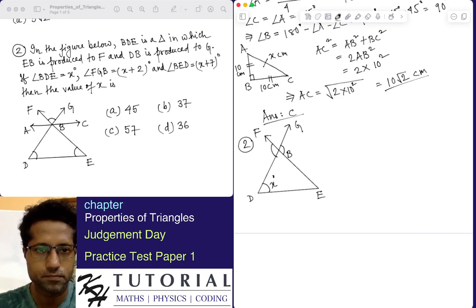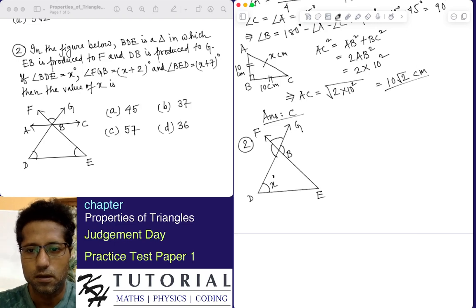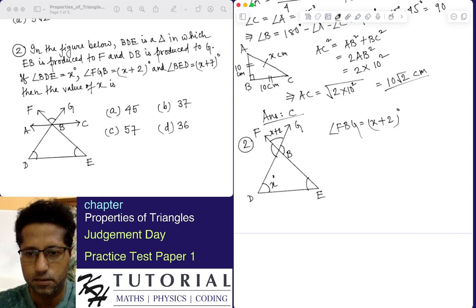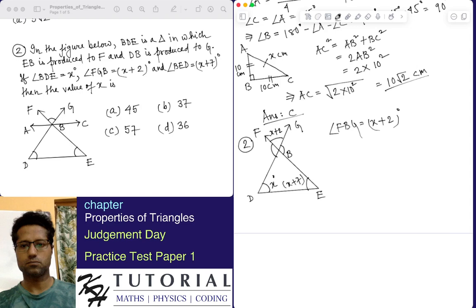This angle is x plus 2. So we have angle FBG is x plus 2 degree. And angle BED is x plus 7.